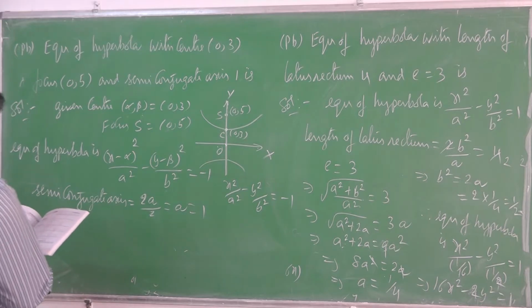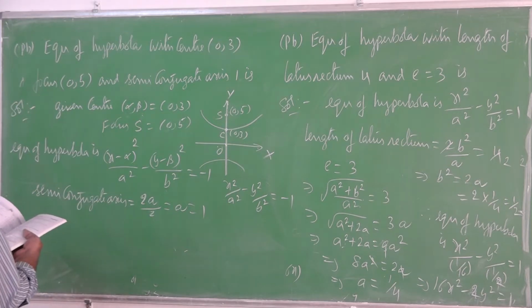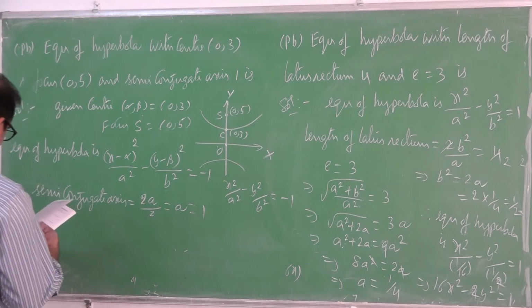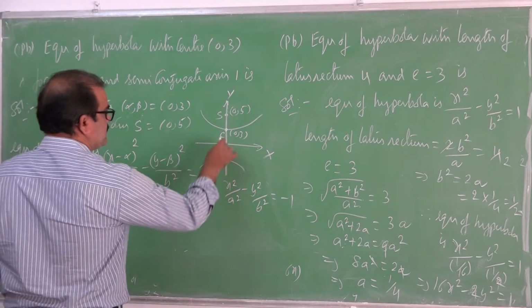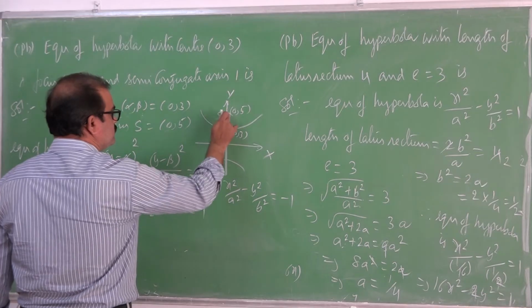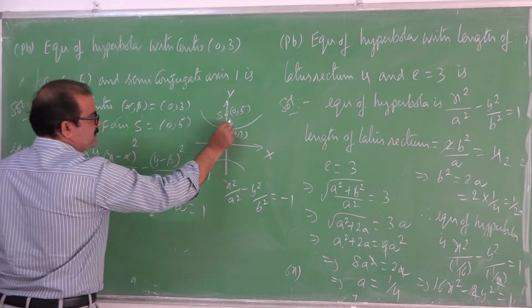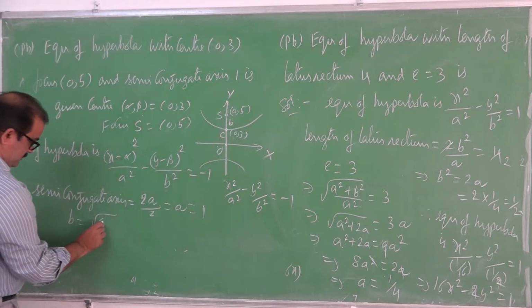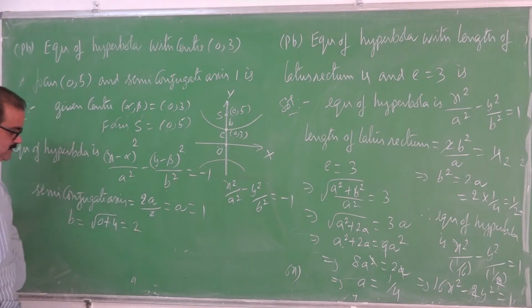Here what is given? Center is given, semi-conjugate axis is given. Now find the b value. You observe that b is the distance from the center to the foci. b is equal to the distance between these 2 points: root of (x2 minus x1) whole square, 0, plus (5 minus 3) whole square, 2 square, that is root 4, that is 2.